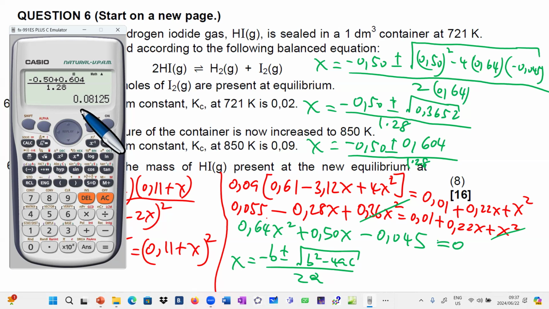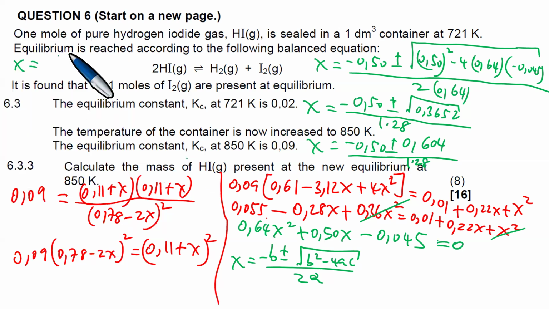Right, so it is 0.08. Okay, let's check this one. 0.08, yeah, that's fine. So we're therefore getting 0.08. But remember that we're dealing with this one, and this one was at the new equilibrium.